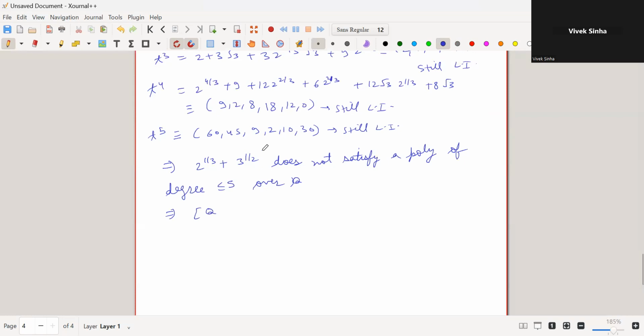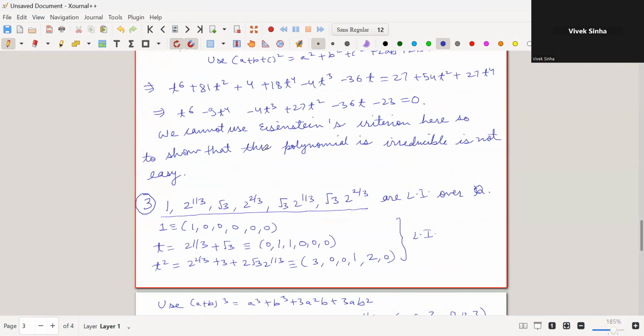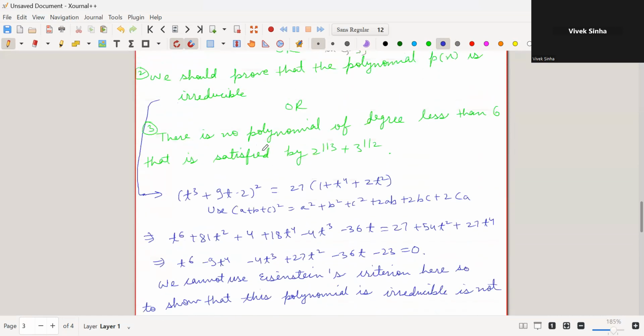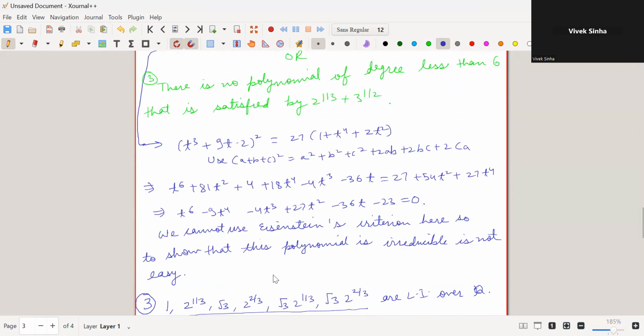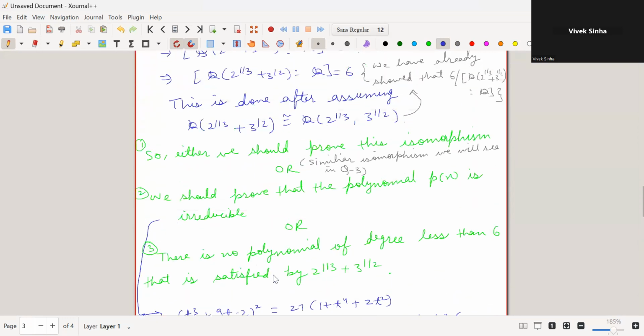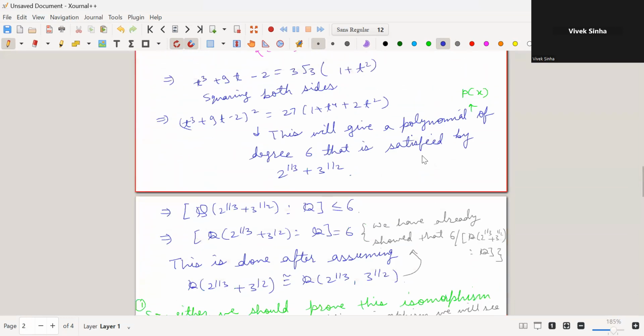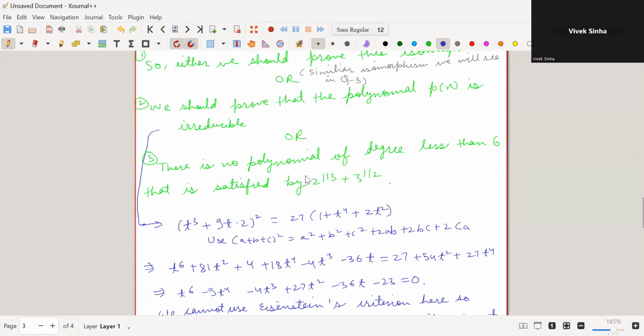This implies that [Q(2^(1/3) + 3^(1/2)) : Q] has to be greater than or equal to 6. Now, if we make use of the earlier argument, where it is satisfied by a polynomial of degree 6, we are done, right?